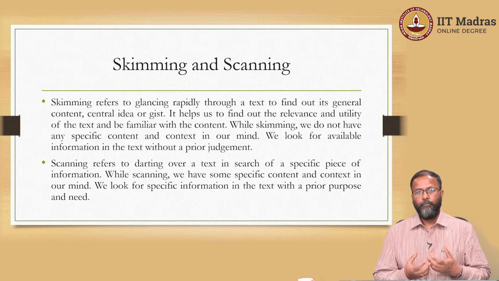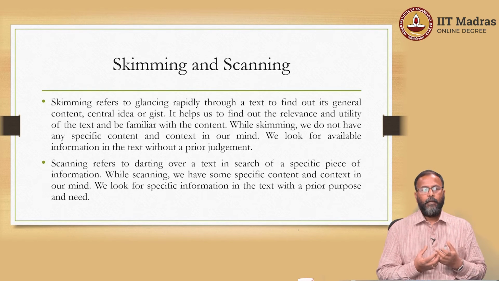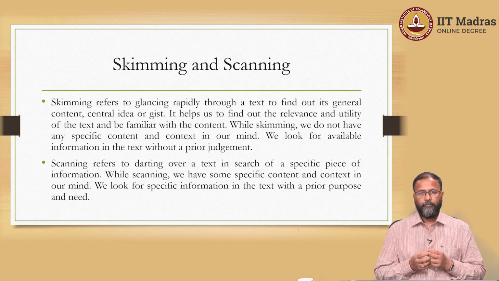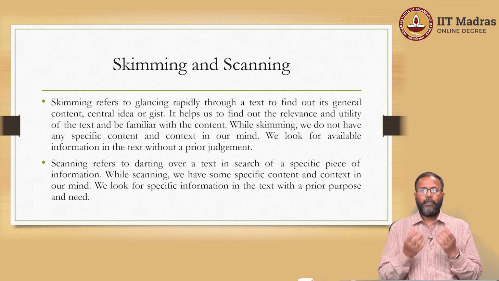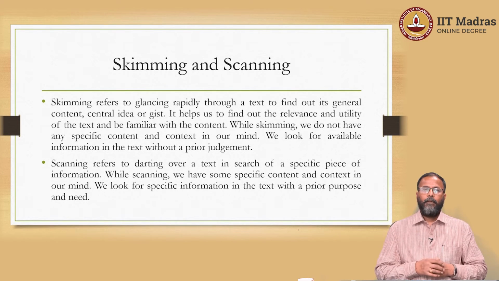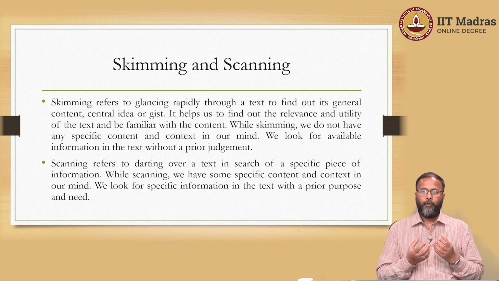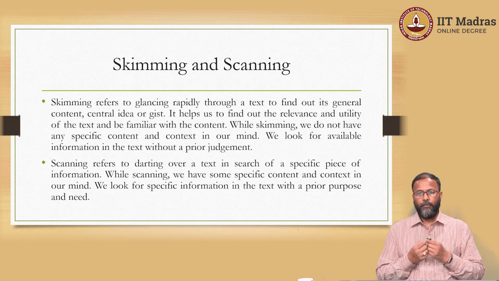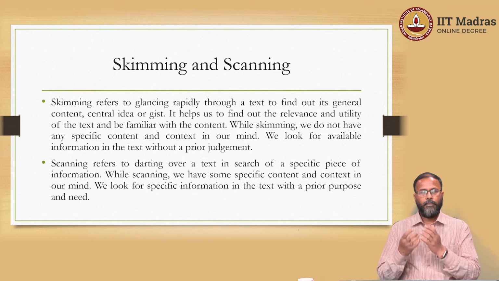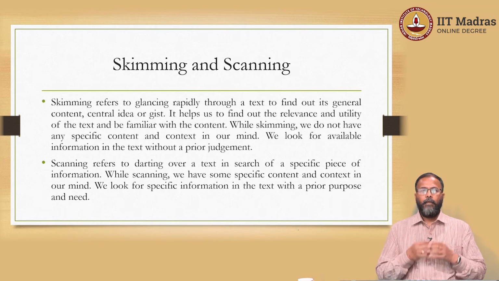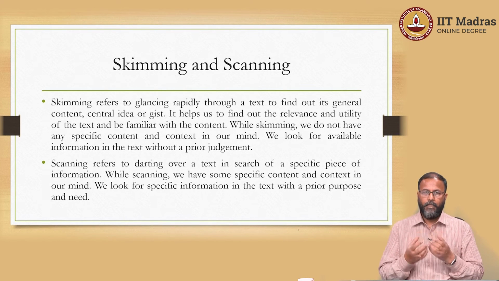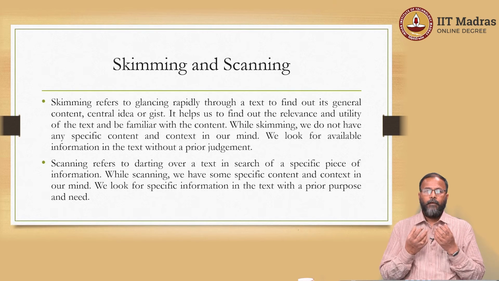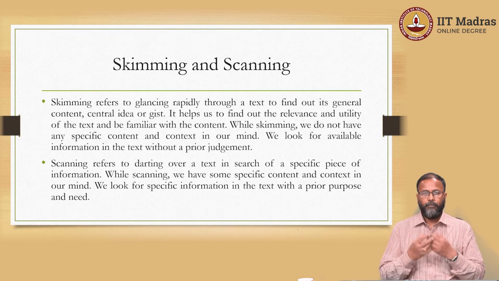So we can have two approaches, skimming and scanning. When the text is unfamiliar, or when you are not looking for particular information, we flip through the pages, we read the pages, and we take mental notes, we understand the text, and we get all the important information out of it.